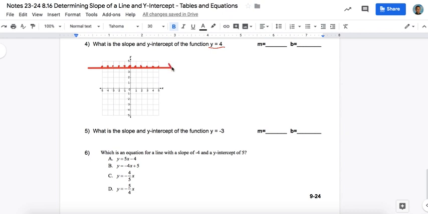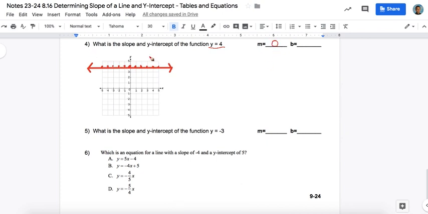Okay, this made a horizontal line. And remember, horizontal lines do not have a rise. So the rise is 0, the run is 1 or negative 1, depending on which direction you go. And 0 divided by negative 1 or 0 divided by 1 is always 0, so the slope is 0.